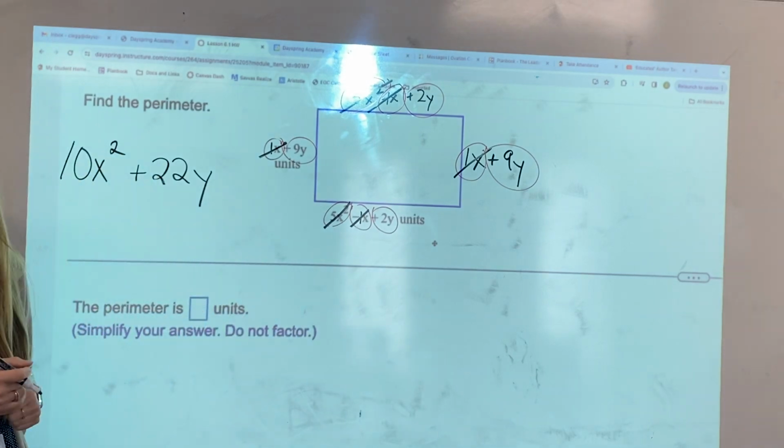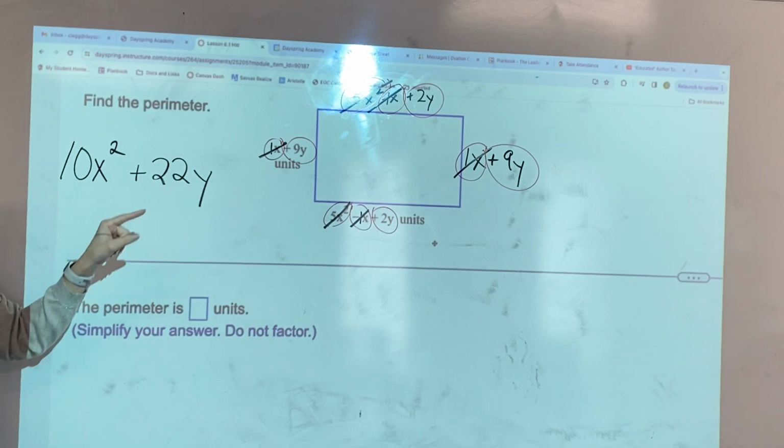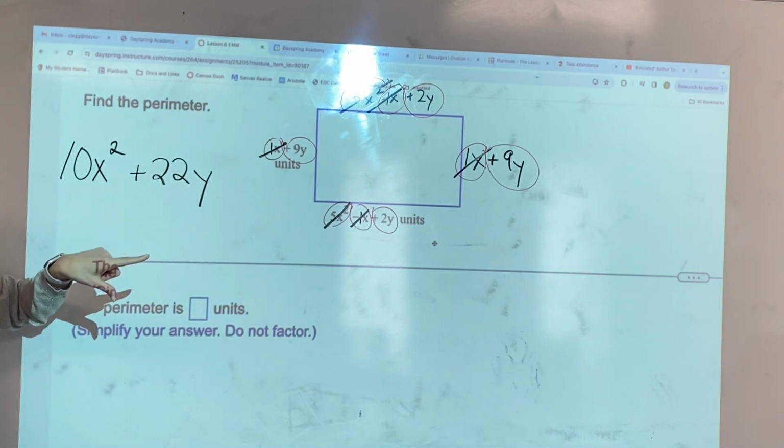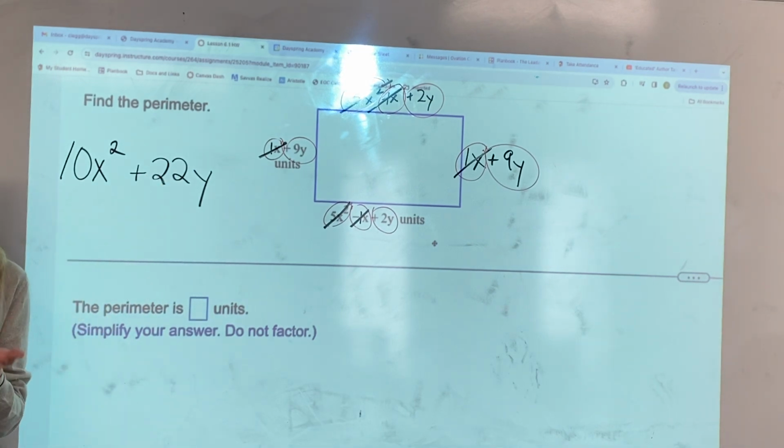Is it going to be 2y minus? I mean, sorry, I'm using my numbers. Are they going to be subtracting? Nothing subtracting, because the perimeter is adding everything. As long as you circle with your sign, you do follow the rules of the signs.